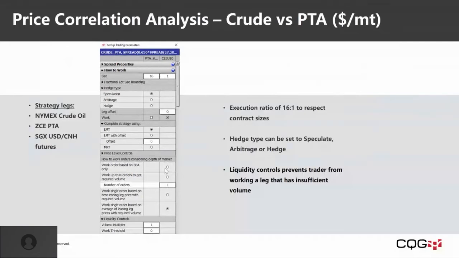And what we're doing here is, as you can see now, this PTA in USD is one of my legs, and I'm going to spread that with the CLE, CLE being our symbol for crude oil on NYMEX. So I'm going to execute one side and then against one lot of WTI. Again here, obviously I'm going to be matching the same type of hedge type. Here is speculation.